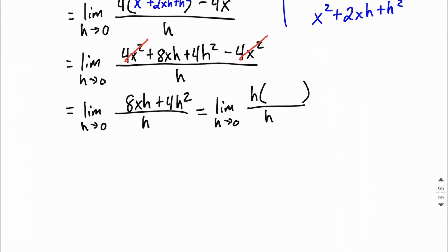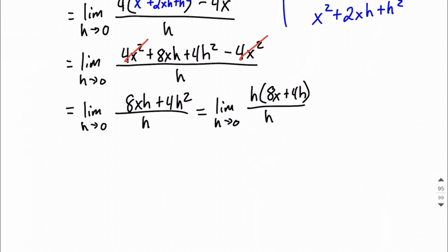So if we remove an h from the 8xh, we're going to be left with 8x. And if we remove an h from the plus 4h squared, we're going to have 4h remaining in there. And remember, if you redistributed that h to clear out your parentheses, we need to get the same two terms that we had in the numerator prior.